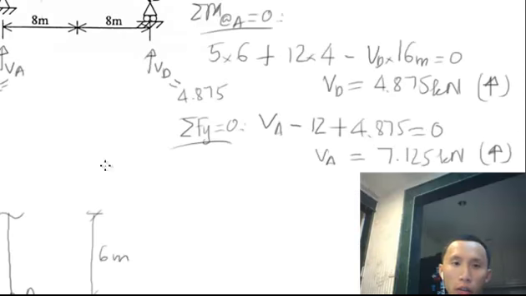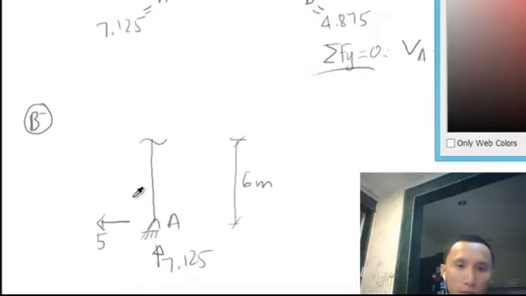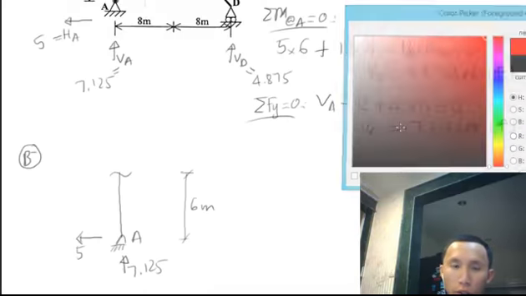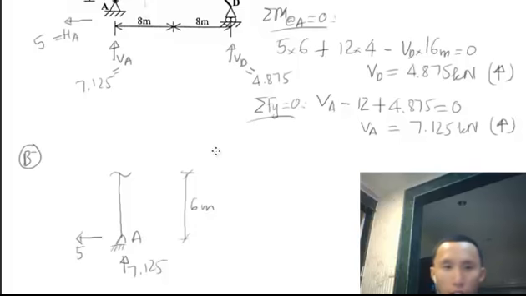Now we're going to put N, V, M into the cut here. I'll change the color for you. Now N is something that goes straight into the section; go in or go out, it doesn't matter, as long as it goes straight into the section.